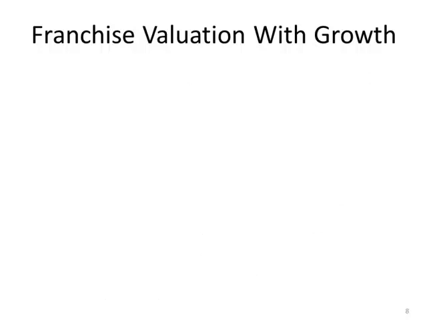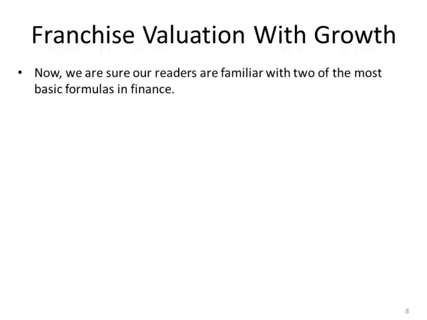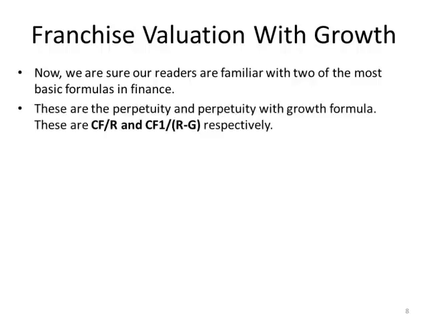Franchise valuation with growth. So now let's go back to a couple of basic formulas in finance, which we're fairly sure you've seen before and are familiar with. Here we have the perpetuity and the perpetuity with growth formula. In the case of the perpetuity, we have a cash flow CF, and this is going to be repeated into the indefinite future.